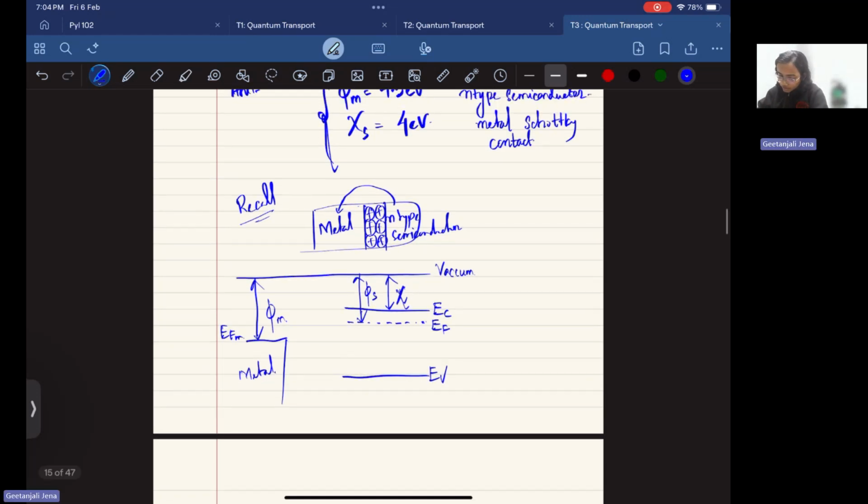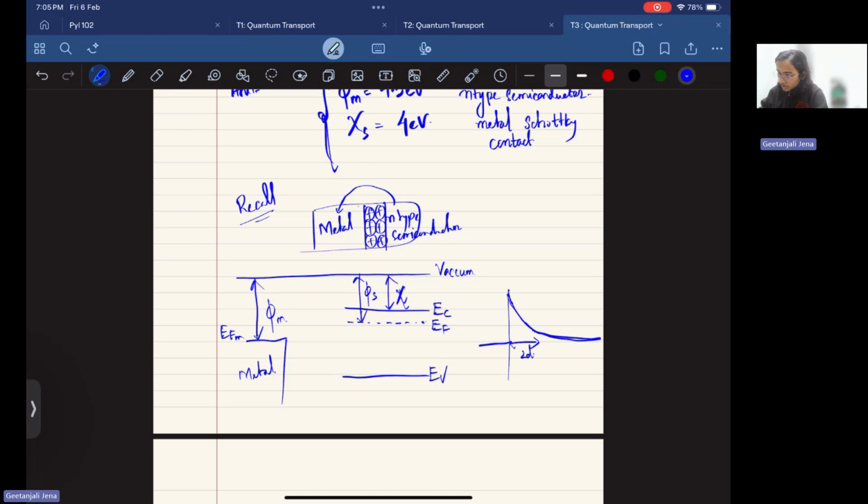To find the Schottky barrier, let's see what we mean pictorially. Because of this charge movement, a quantum well will be created. The n-type band will bend upward.